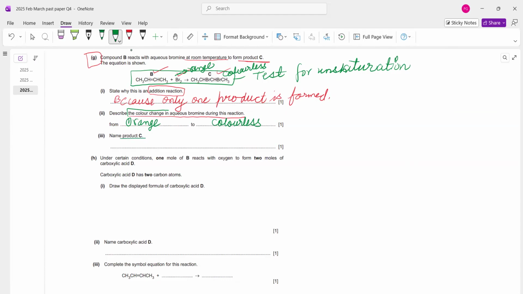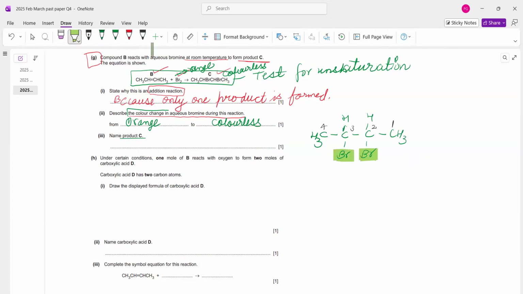Name the product C. Okay, this is interesting. They want us to name this product C. For that, I would suggest you to just draw its displayed formula. It's like this. Now, when we name it, we are supposed to number the carbon atoms, 1, 2, 3, 4, and identify the functional groups.